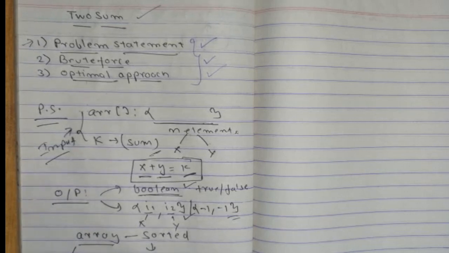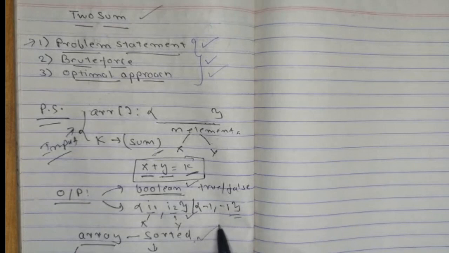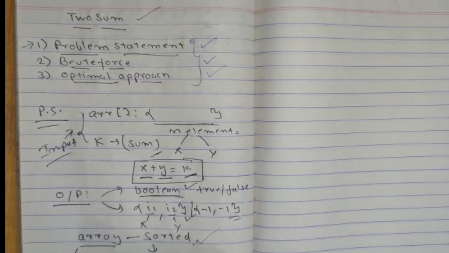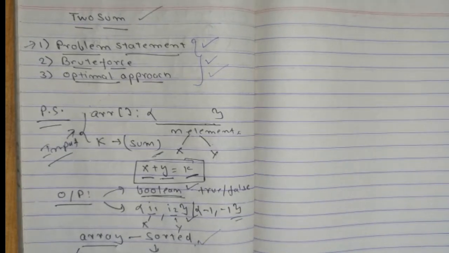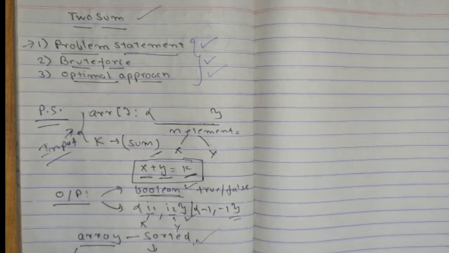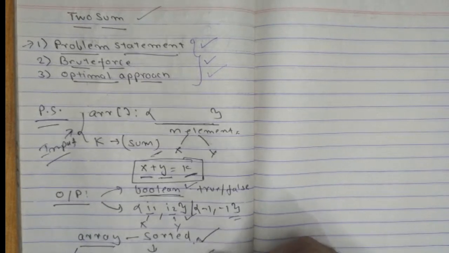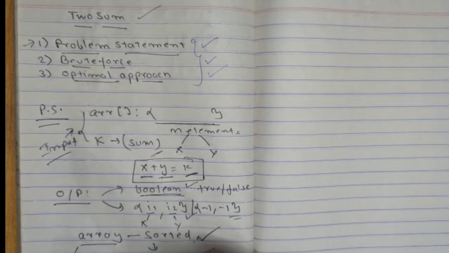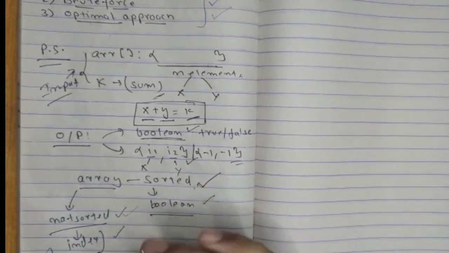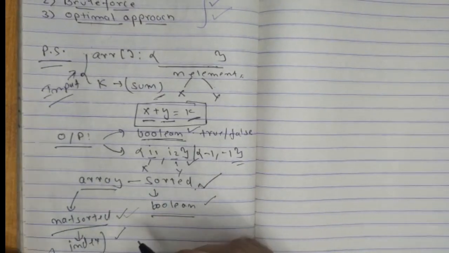It's not like we can't find the indexes in a sorted array and we can't return a boolean value for a non-sorted array. We can find both things in both arrays, but mostly when the array is sorted, they will ask you for a boolean value, and when the array is not sorted, then they will ask you to return the indexes of the array. Okay, this is what they are asking.